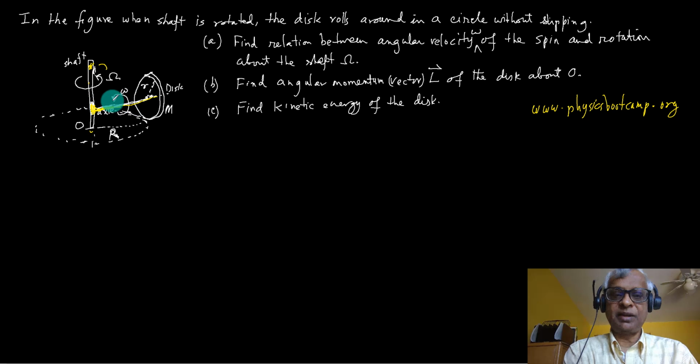As the axle is carried, there are ball bearings that cause the disc to rotate about the axle, and this disc can actually go around in a circle. The radius that it goes around is capital R, and the radius of this little disc is little r.